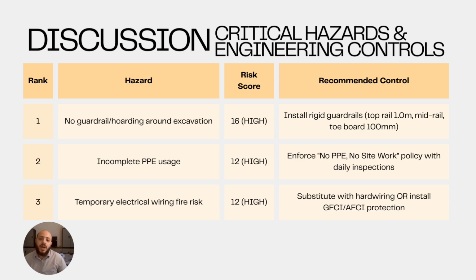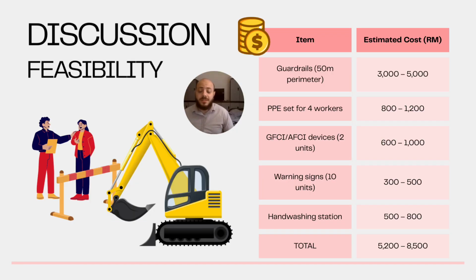Third, the temporary electrical wiring presents a fire risk, also scoring 12. Our recommendation is to either substitute it with permanent hard wiring or install GFCI and AFCI protection at the power source to prevent electrical fires. Now, the key question: is this feasible?